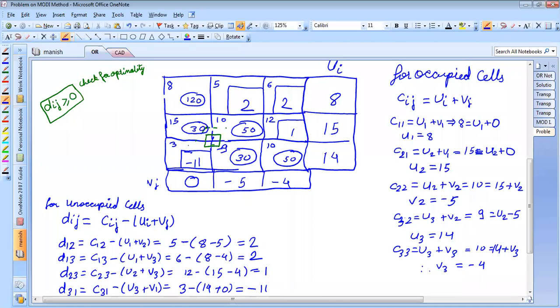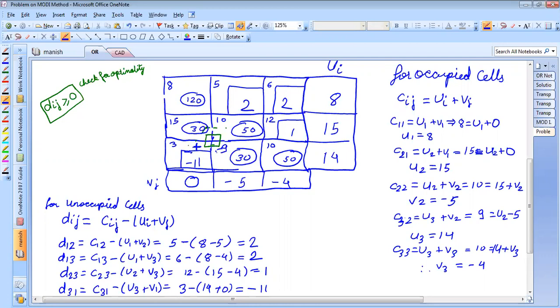Okay, so now once the path is created, the point from where we start, we'll mark it as plus, because we want to include this into the solution, isn't it? We want to make this into the solution, correct?